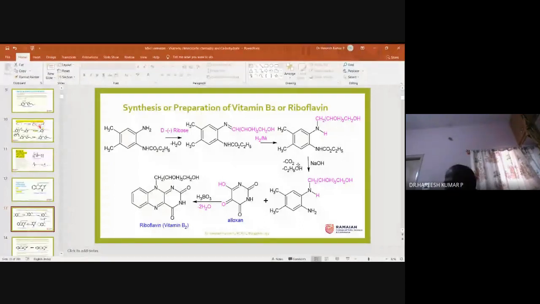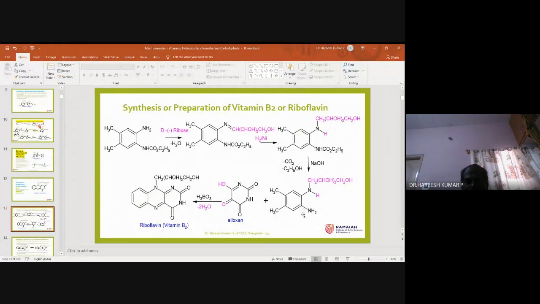Once carbon dioxide is removed, you will get a free amine. You need to remember that when it is treated with NaOH, there will be a cleavage. Cleavage means the ester is converted into acid, with ethanol as the leaving group. The obtained acid on heating undergoes decarboxylation, removal of carbon dioxide, converting into a free amine.